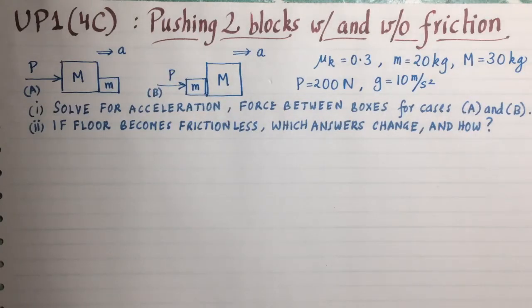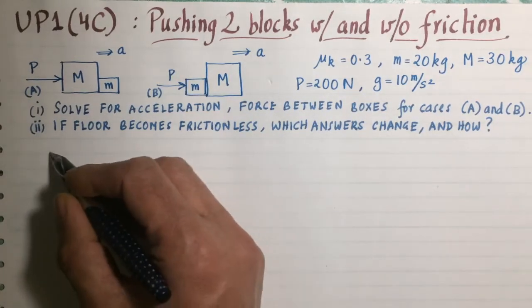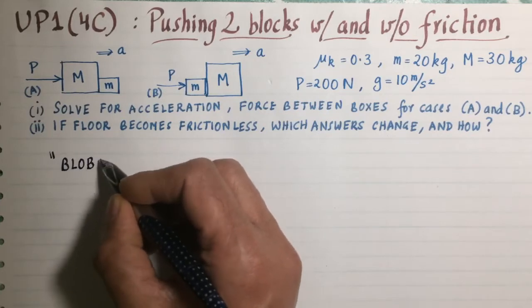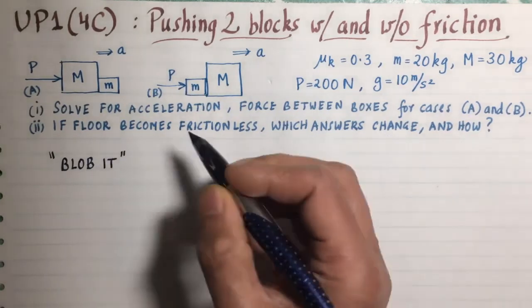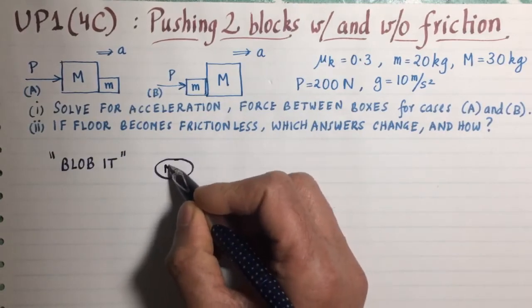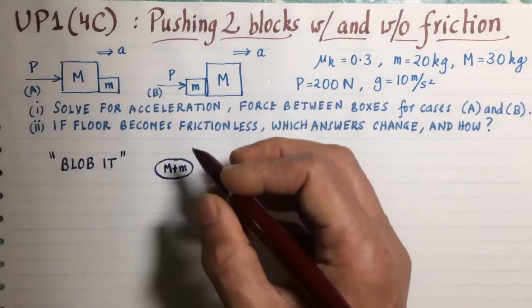Solving for the acceleration in a combined mass problem is an interesting strategy. It's always better to use the blob strategy. So I'll blob it, meaning that I'll consider the two masses as a single mass of M plus m. Let's look at the free body diagram acting on this combined blob.